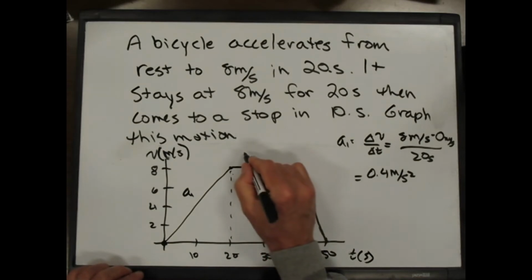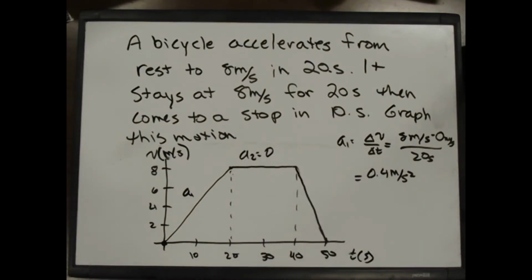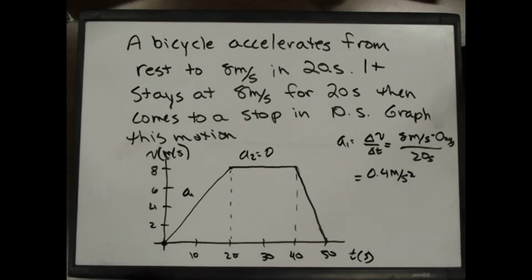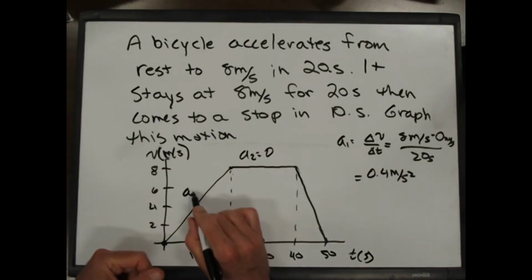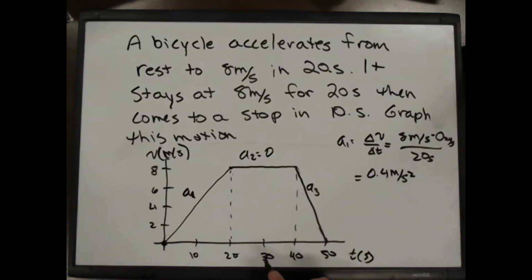Right? A2 is just 0. Ask yourself how I know that. The slope of a horizontal line is 0, and since the acceleration is the slope, A2 is 0. And then I can calculate A3.